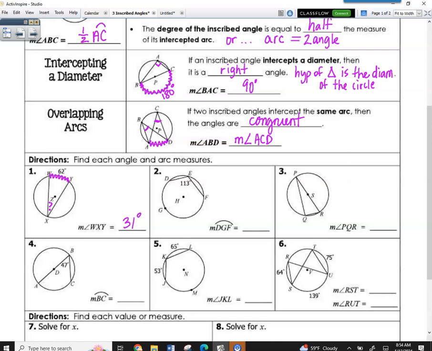Number 2. It says, find the measure of DGF. And it's talking about an arc, which means we're tracing around the circle.